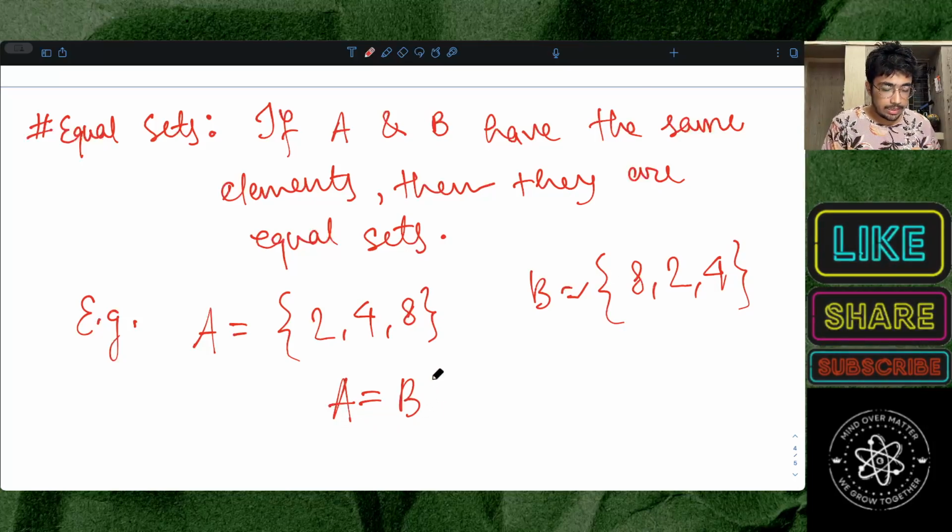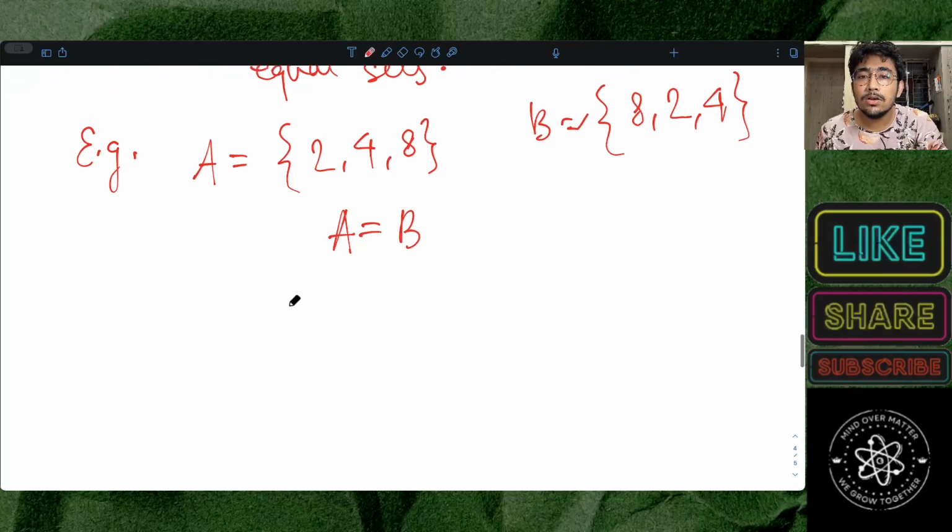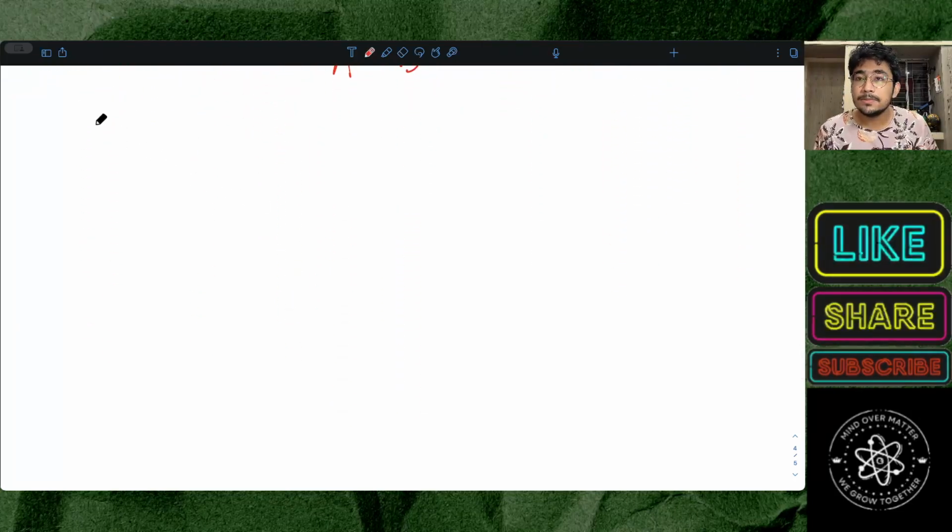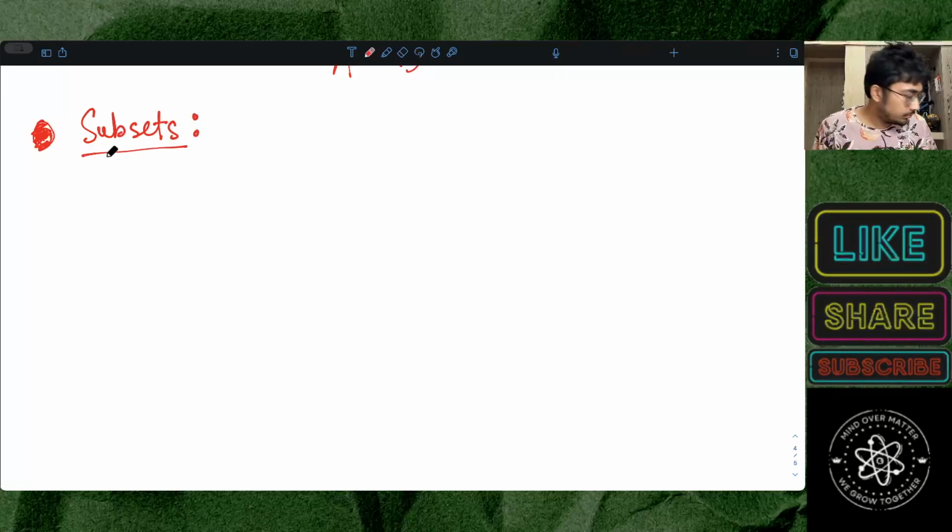Now a very important concept comes in, the concept of subsets. What is a subset?